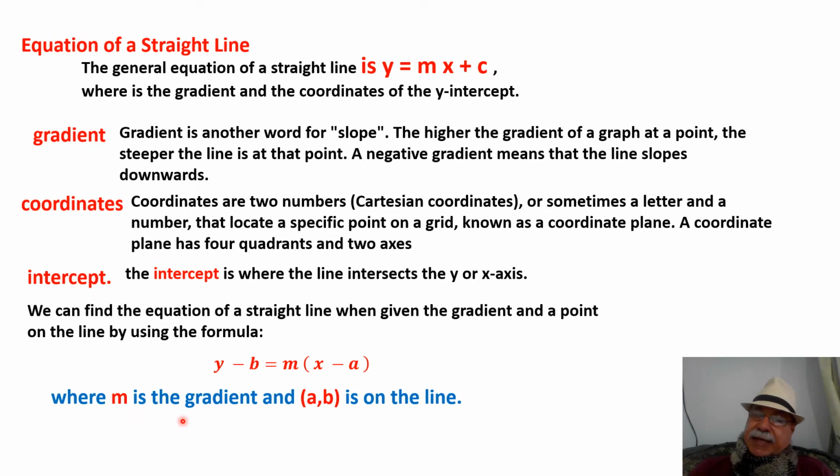Where m is the gradient and (a, b) is a point on the line, this is the value of a and the value of b. M means the slope, the difference between 2 points.